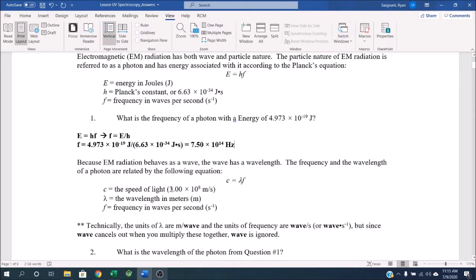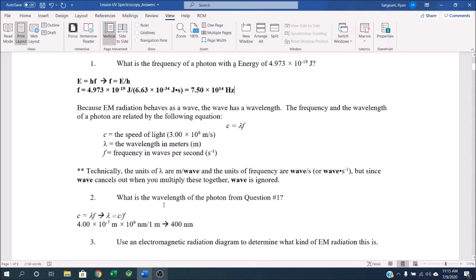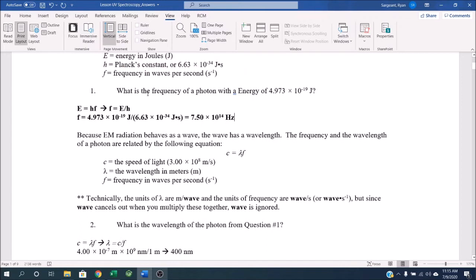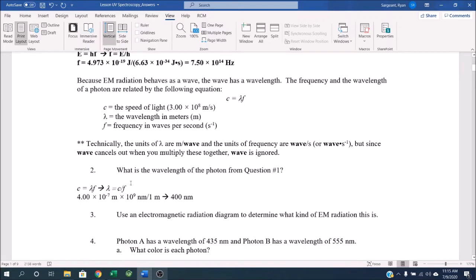If the question asks us for the wavelength of the photon that we had originally, and I already determined its frequency, then wavelength is the variable that I want to solve for. So I'm going to take this equation where c is equal to wavelength times frequency, divide both sides by frequency to rearrange it algebraically, and now the wavelength is equal to the speed of light divided by the frequency.